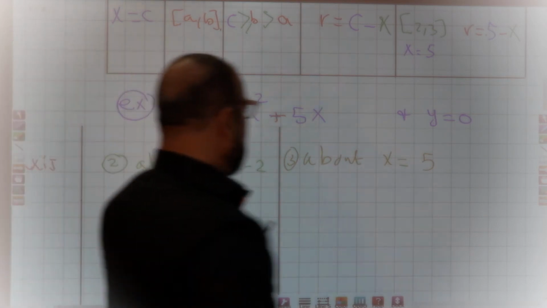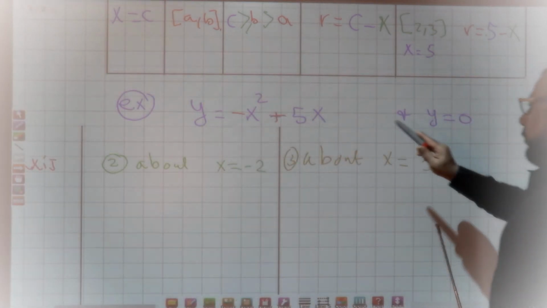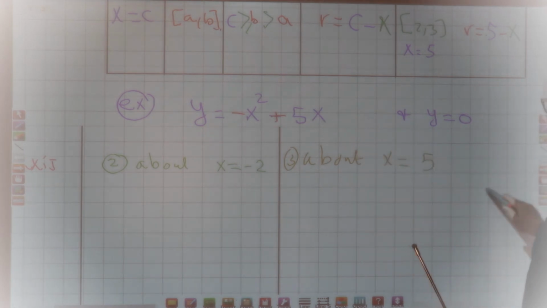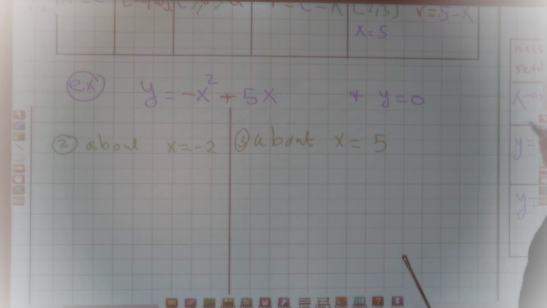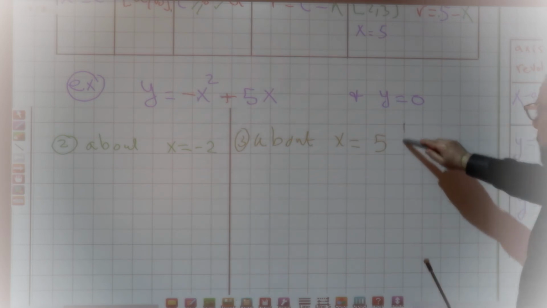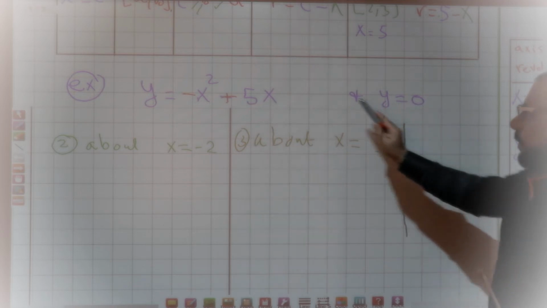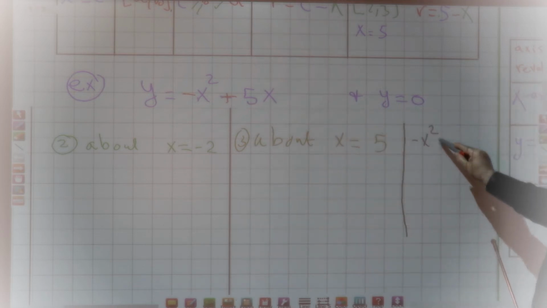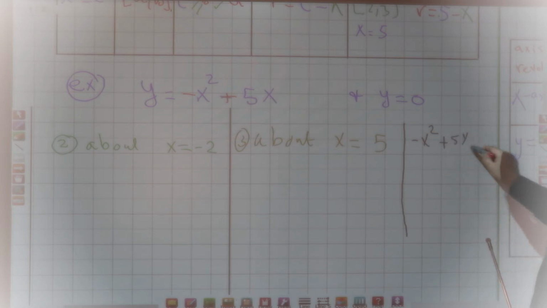Okay. Now before I start my problem, I need to find here, on this side and this side, the intersection points between these two functions, which is negative x squared plus 5x equal to 0.